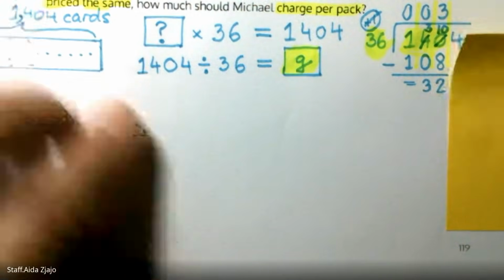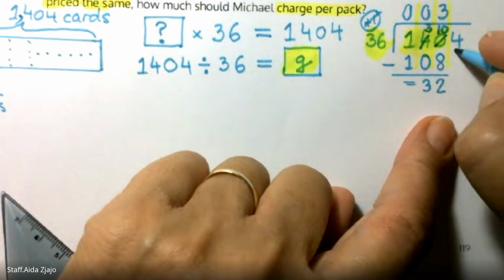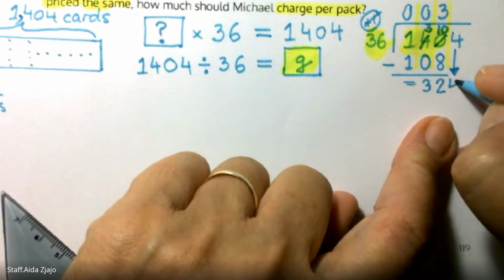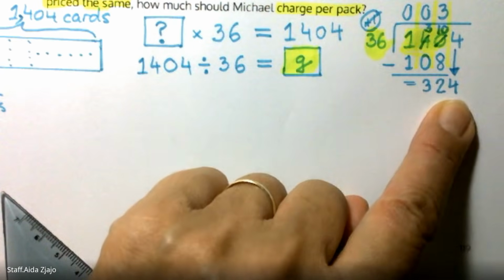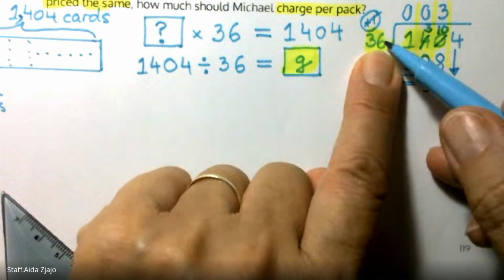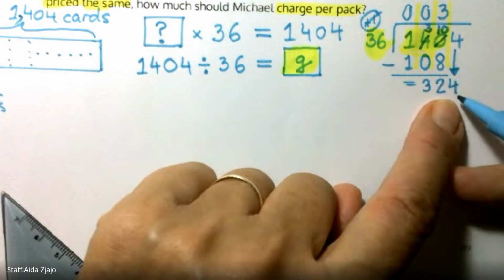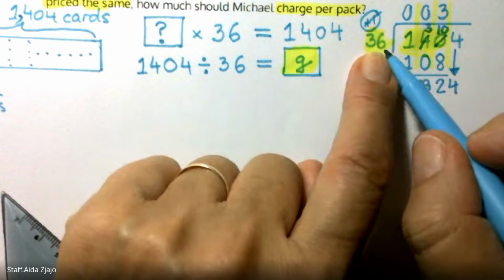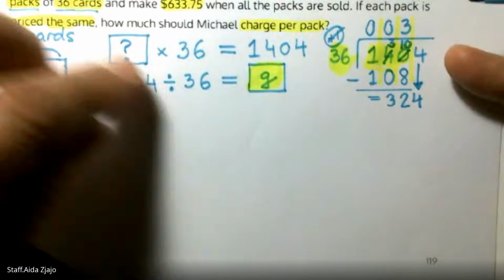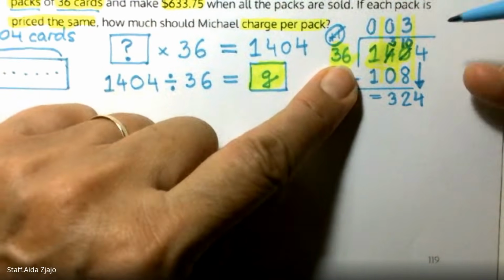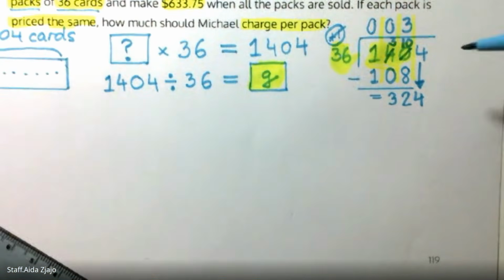Now I'm done with all digits but the 4, so I'm going to bring that down. And now I have 324. How many groups of 40 are in 324? Remember, I rounded this 36 into 40 to make it easier. So I can think of 4 times what gets me close to 36.